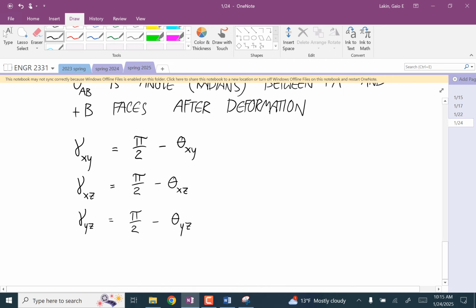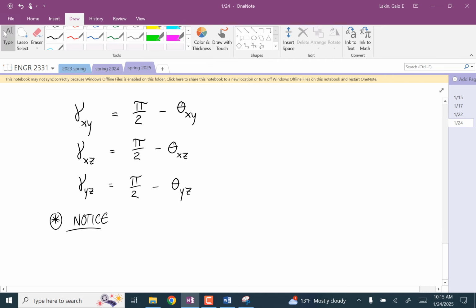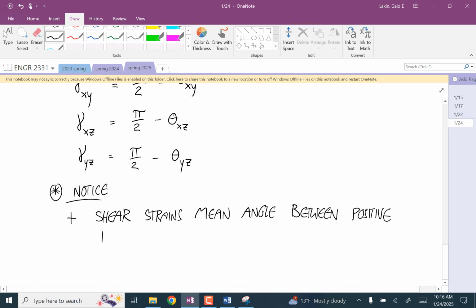And one thing to notice here is, think about what these signs mean. Positive shear strains mean the angle between positive faces gets more acute.